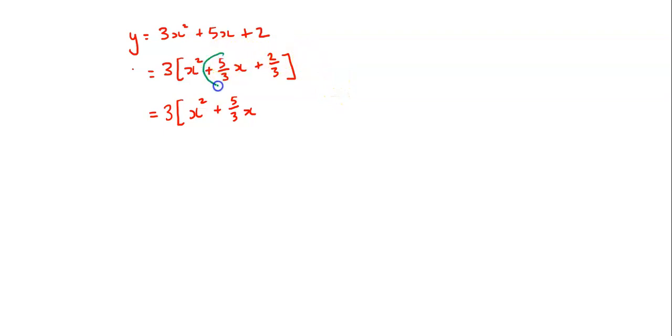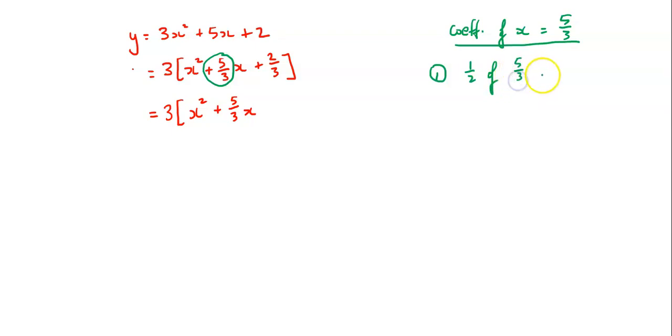Step 2 now, we look at the coefficient of x. Here we have the coefficient of x being positive 5 over 3. The first thing we're going to do is find half of 5 over 3, which is half multiplied by 5 over 3, which is 5 over 6.